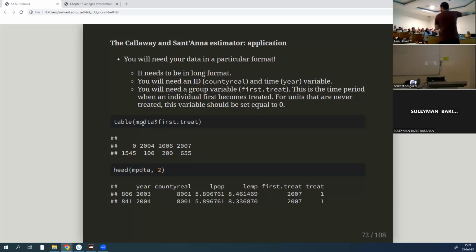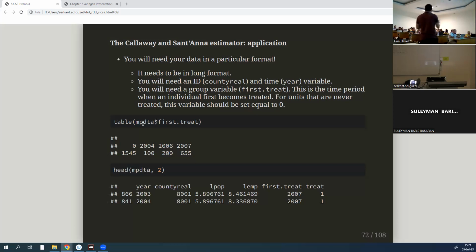If we use two-way fixed effects here, those treated in 2004, let's say Los Angeles County, would serve as a control group for counties treated in 2006 or 2007, which we shouldn't be doing because they're already treated. That's the problem with two-way fixed effects.